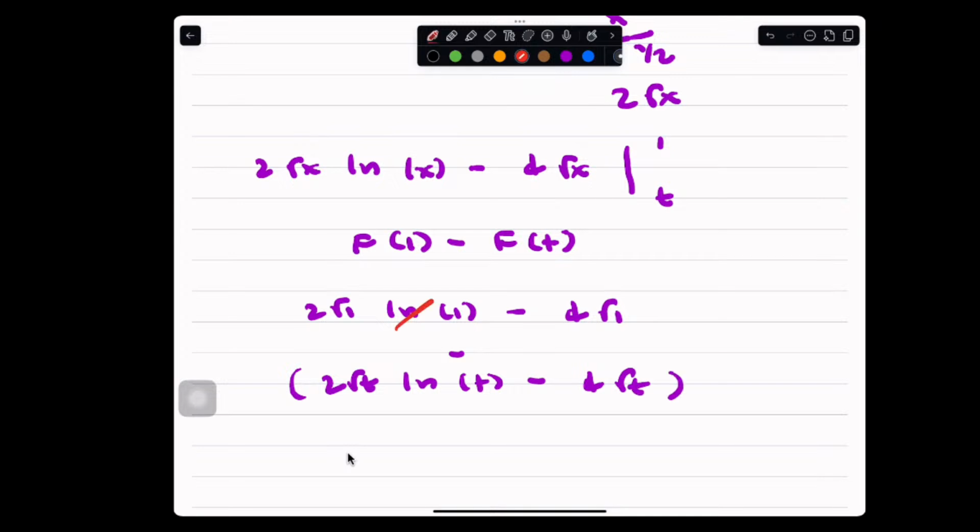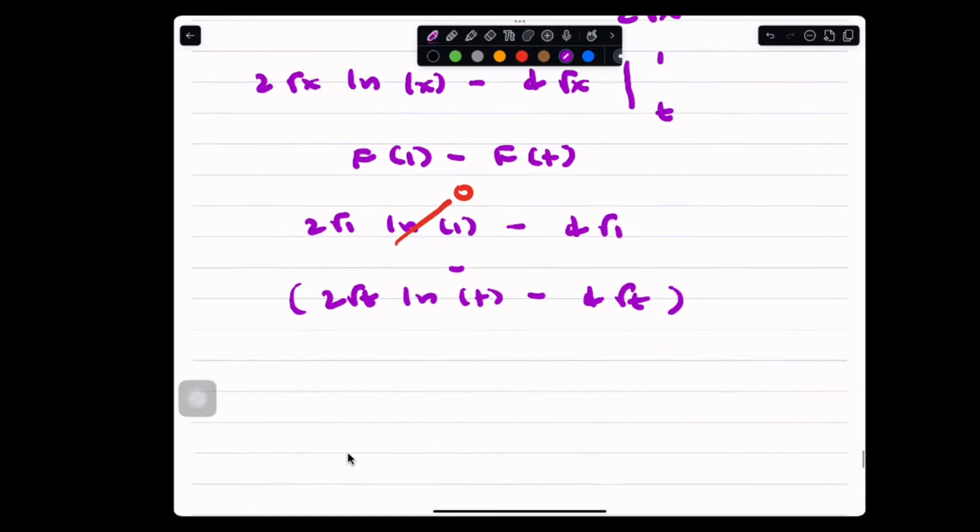So natural log of 1 is 0. And we end up with really negative 4 minus 2 square root of t natural log t plus 4 square root of t. So double check, because we are going to subtract there, which distributes the negative sign.